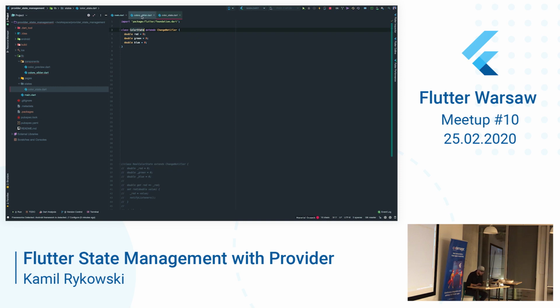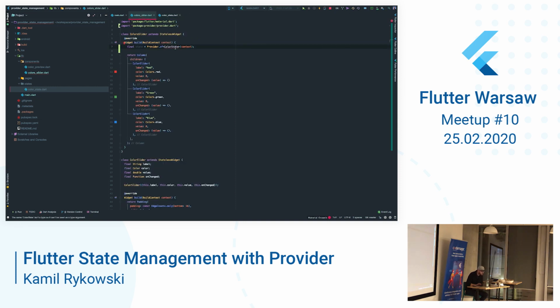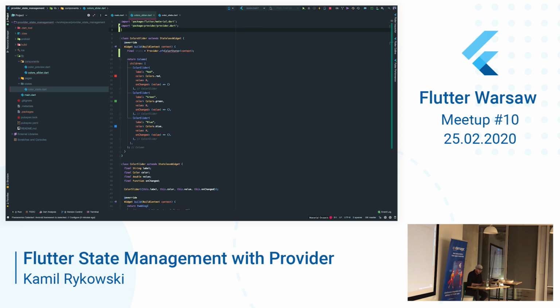Yeah, I've named it ColorState. Okay, import state, ColorState. Okay, I see the changes in Android Studio 3.6. It doesn't tell me anymore about my local imports. Wow, that's great.